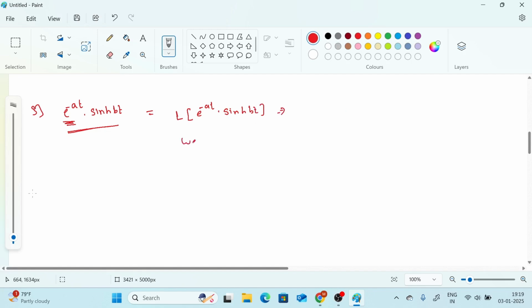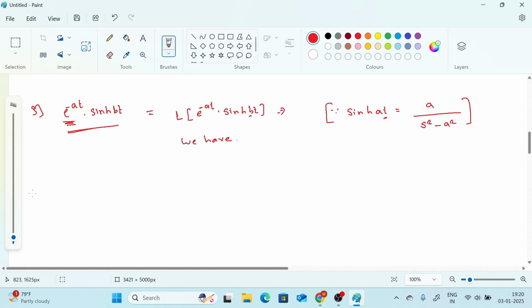Now what is the value of Laplace of sine hyperbolic at? It is a upon s square minus a square, right? Only a small change is that here we have sine hyperbolic bt instead of sine hyperbolic at.